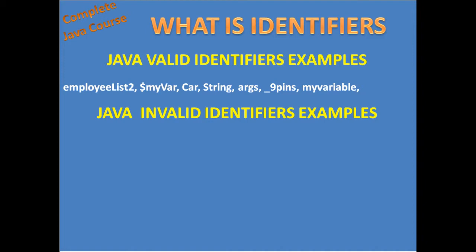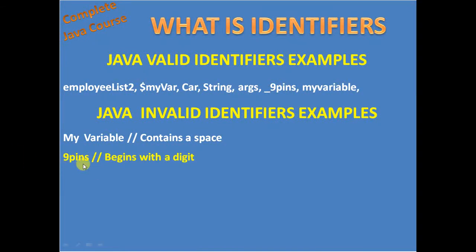Now we will discuss Java invalid identifier examples. Like my variable contains a space. So when you are defining an identifier, you should not give a space between the words. Like 9pins, you cannot define an identifier starting with a digit.